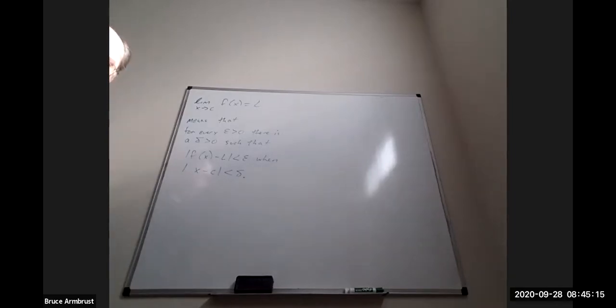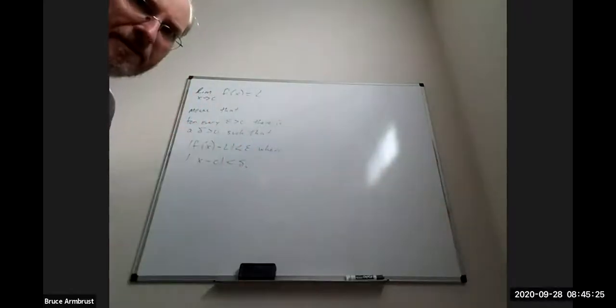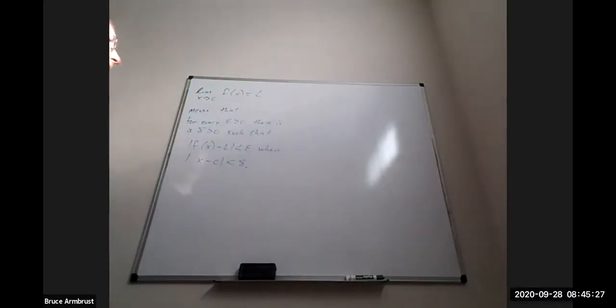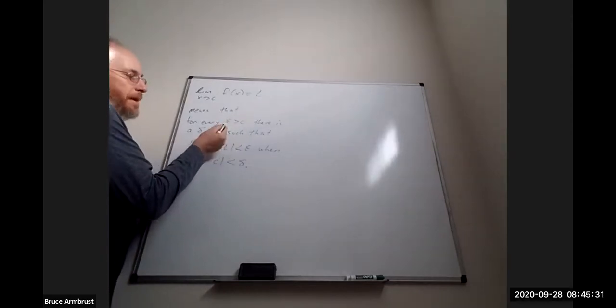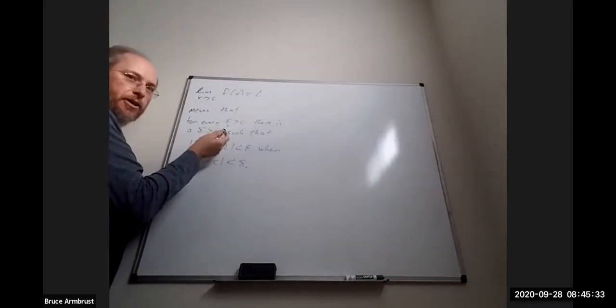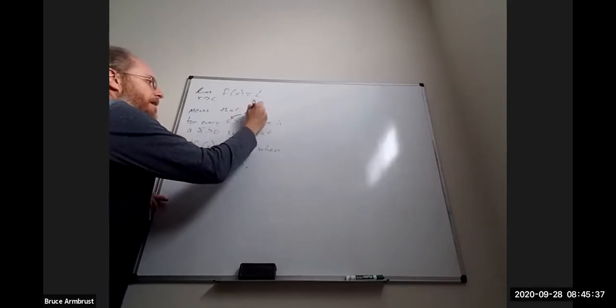Okay, so first things first, what are these guys? I'm going to change the angle of this camera just a second. All right, so first of all, this guy looks like a backwards 3 or a curvy E. This is epsilon.